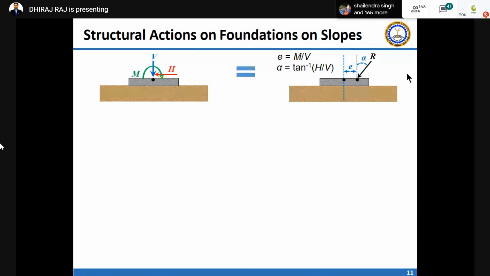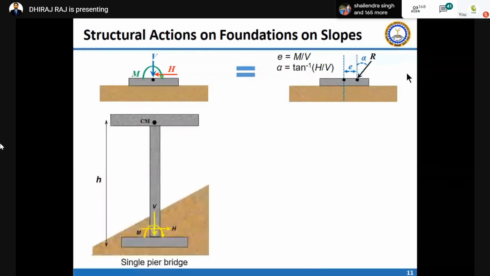But when the foundations are kept on a slope or on flat ground, like in the case of a short pier bridge, you can see that when it is subjected to seismic load, you have an interactive V, H and M, and the short pier bridge is deflected in single curvature.